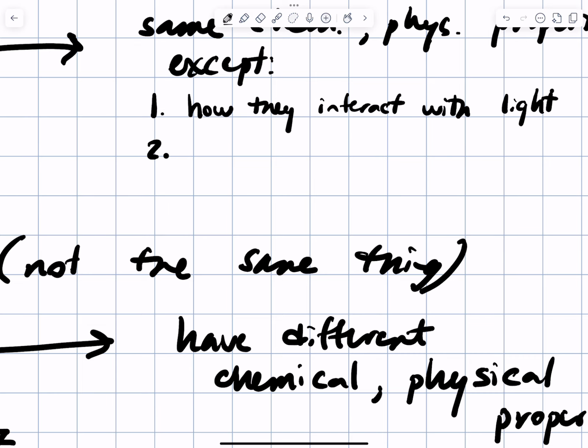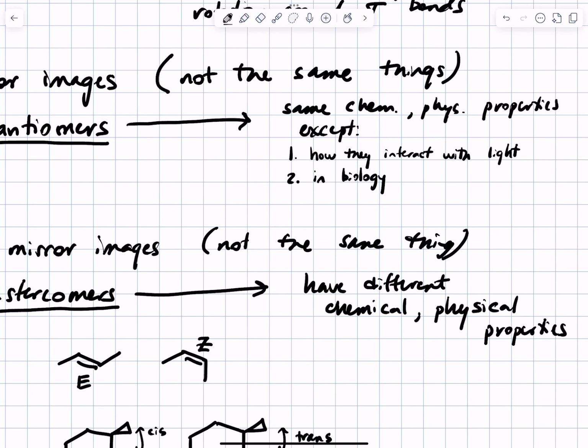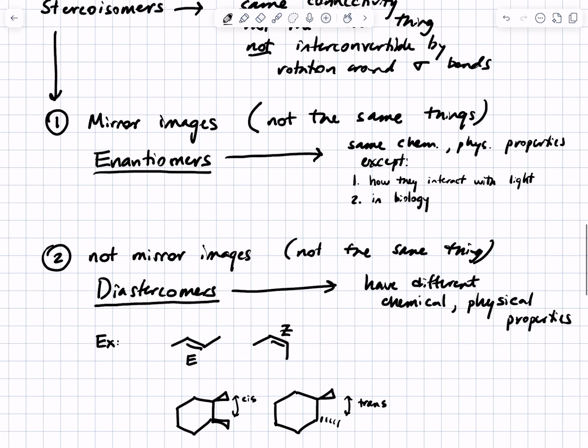And second, in biology. And there are reasons why biology is special and why enantiomers don't have the same biological properties that we'll talk about a little bit later. So, figuring out what the relationship between two molecules is, whether they're enantiomers or diastereomers, is important because it allows you to calibrate your expectations about what's going to happen.